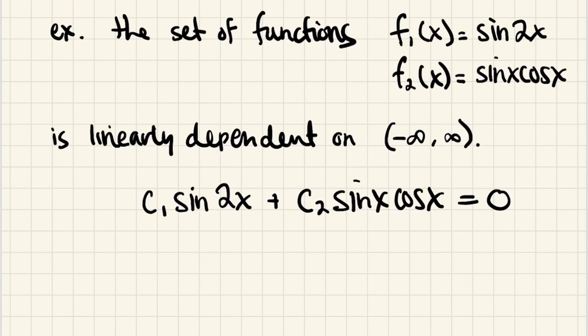And again, I want to stress this will always hold with c1, c2 equaling 0. But for a linearly dependent set, it must mean that there exists at least one set of constants where at least one of those constants is not 0, and then you have linear dependence. Indeed, if we have c1 equal to 1 and c2 equal to -2, then this equality holds.